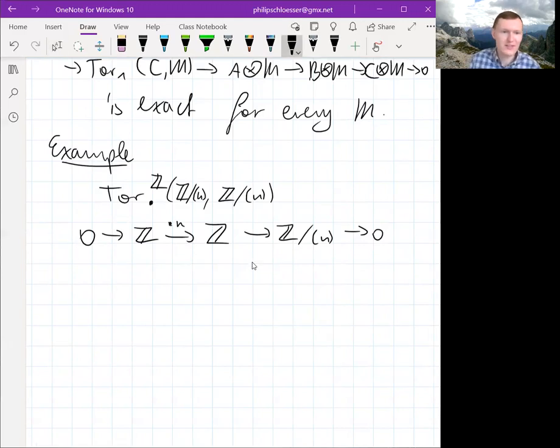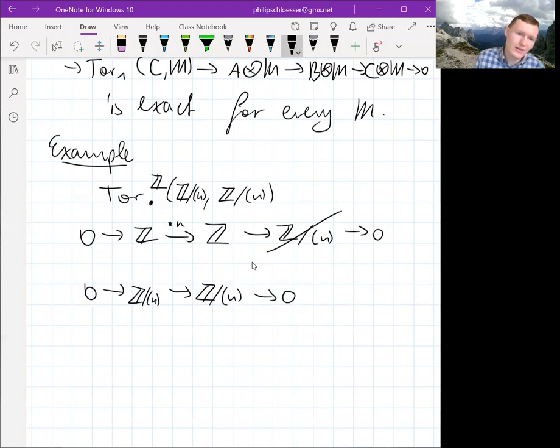Then we can apply the tensor product with Z modulo n to it, kicking out this one here. So then we have, if we take the tensor product of Z with Z modulo n over Z, we just get Z modulo n. And again, Z modulo n and 0.